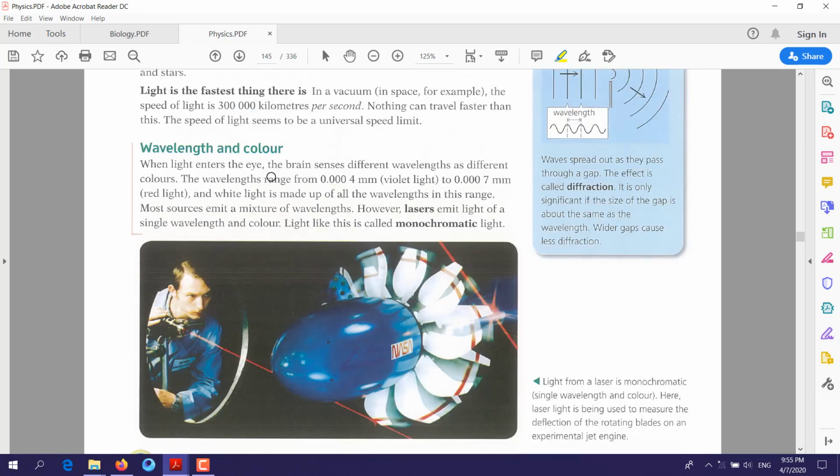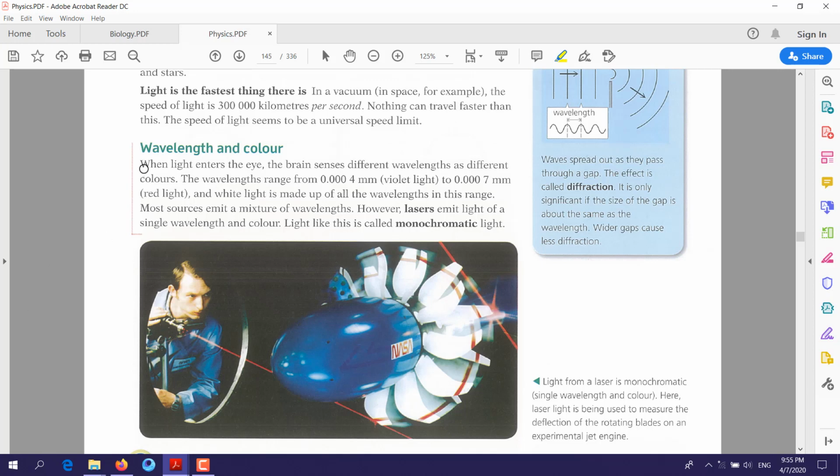Wavelength and color. As you know, we have different colors, but why do we have different colors? The reason behind this is the difference in the wavelength. What does that mean?